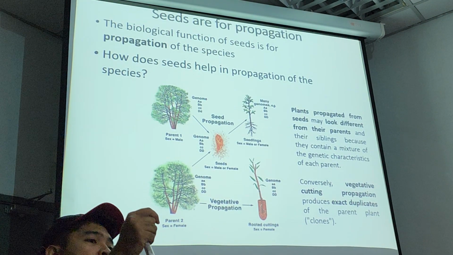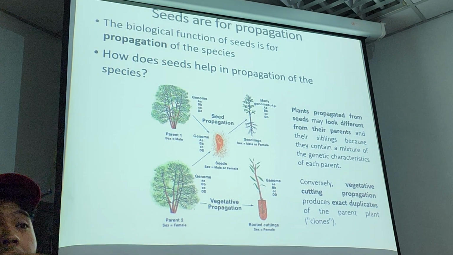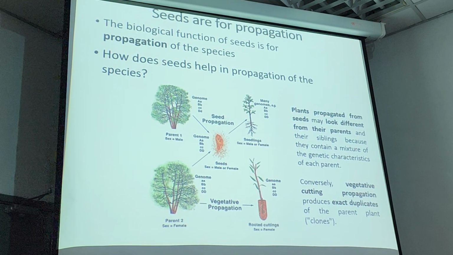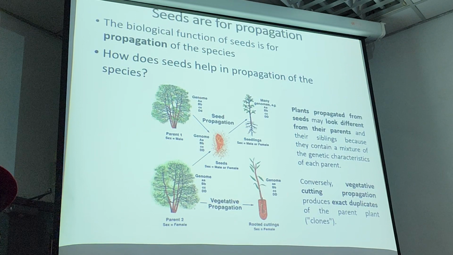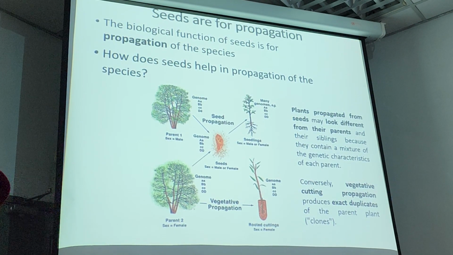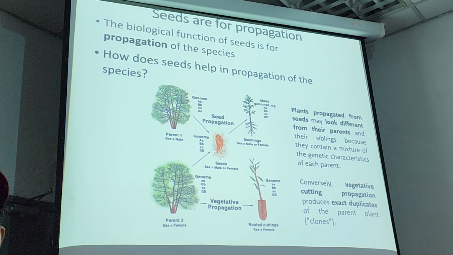Meaning that if you take different cells in you, for example, your skin cell, your liver cell, your pancreas cell, neuron cell, and put all of these cells next to each other, even though they are doing different jobs in your body, if you look at the genome, the genetic makeup of it, it's the same.